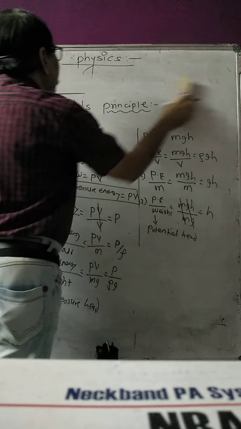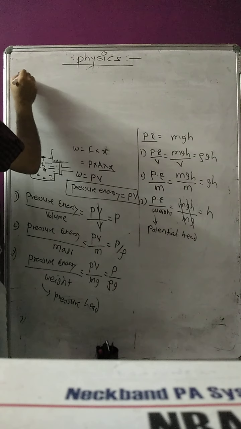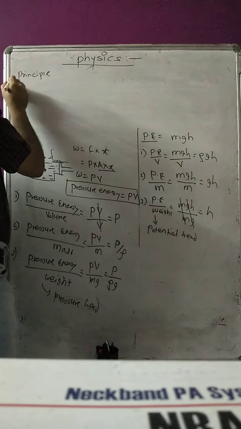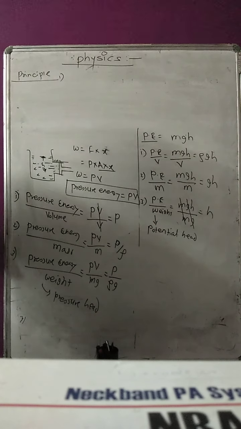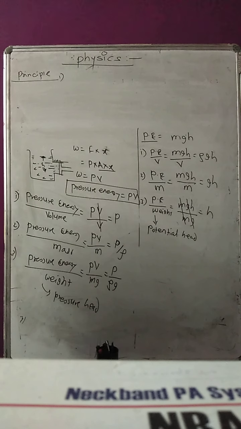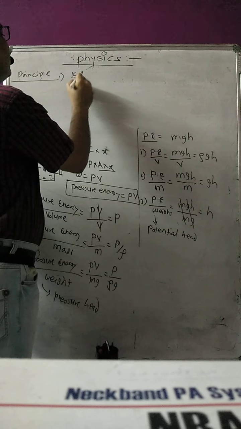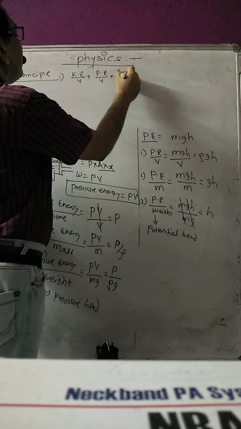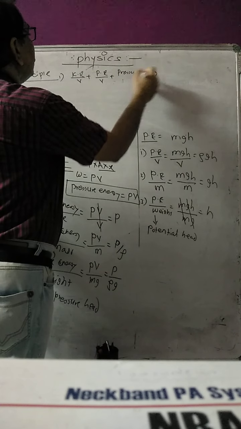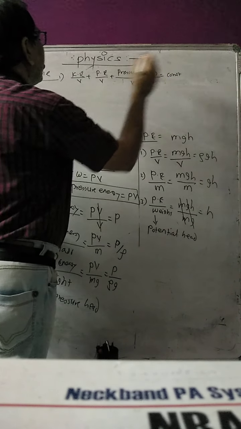I will write down Bernoulli's principle here. The principle says: kinetic energy per unit volume, which is equal to 1/2 rho V square, plus potential energy per unit volume, plus pressure energy per unit volume, is equal to a constant. That is Bernoulli's principle.